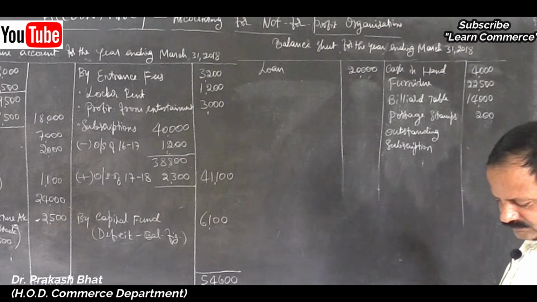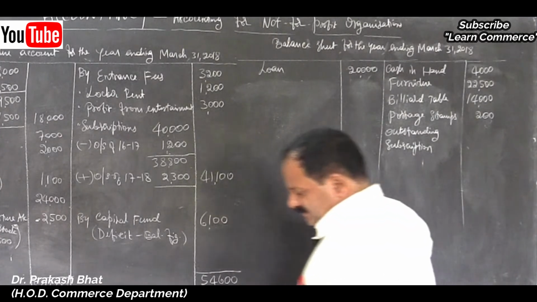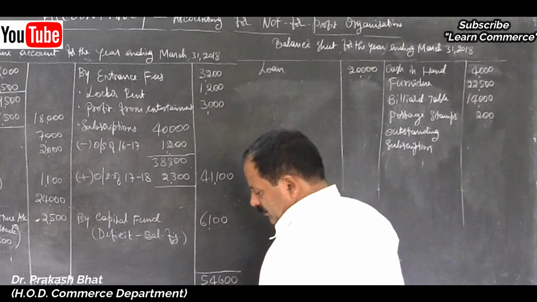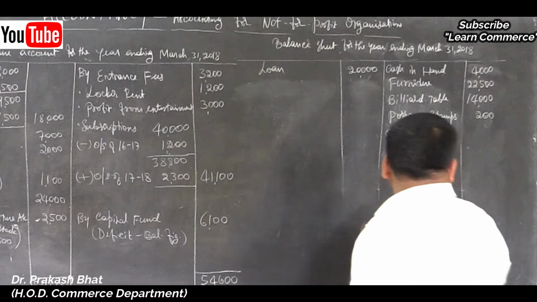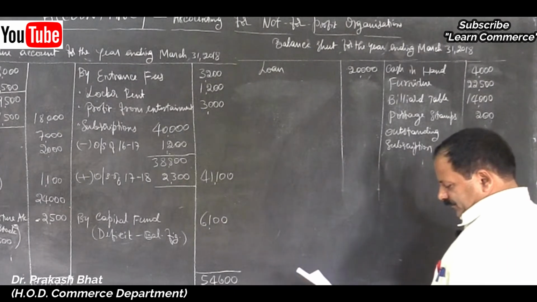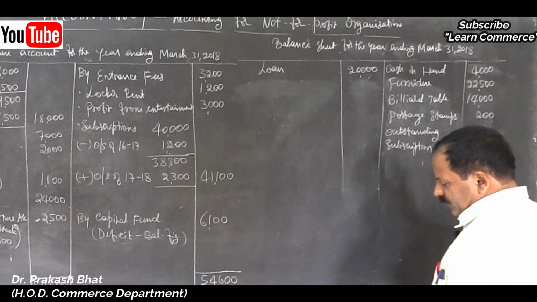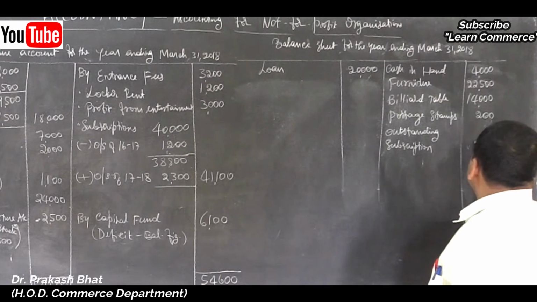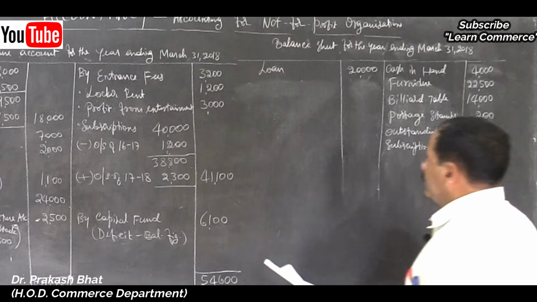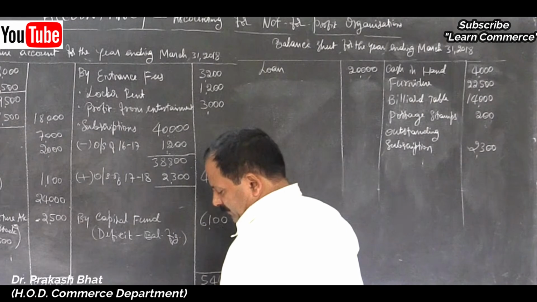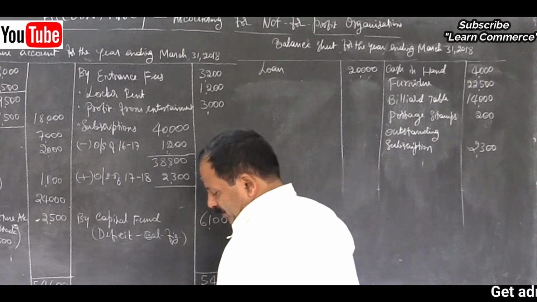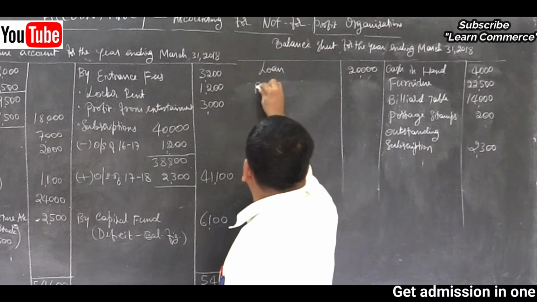Now, on the liability side, loan 20,000. Outstanding subscription how much? That is 2,300, right? Yes. Then one more item is there, that is building fund, right?